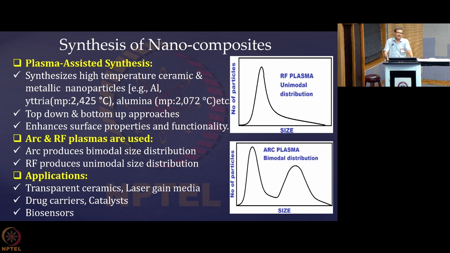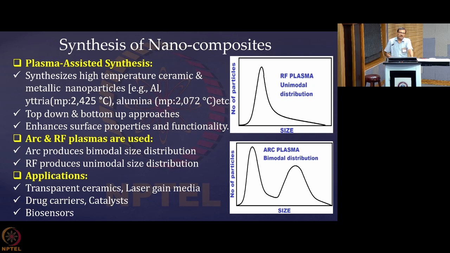They are the systems where you can easily get this, and as I told you, arc and RF plasma can offer this. The application area involves transparent ceramics, which includes even laser gain media like Nd:YAG. So it has tremendous potential. The other applications are that these nanoparticles can be used as drug carriers, catalysts, and biosensors. So these are the other important application areas.